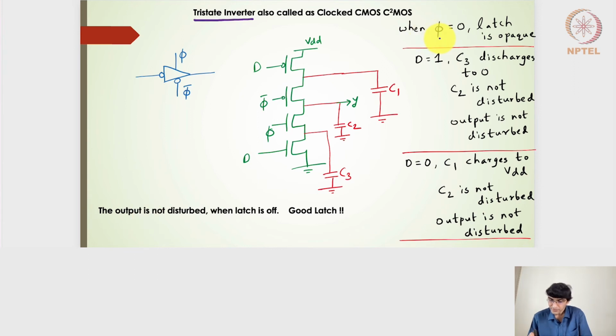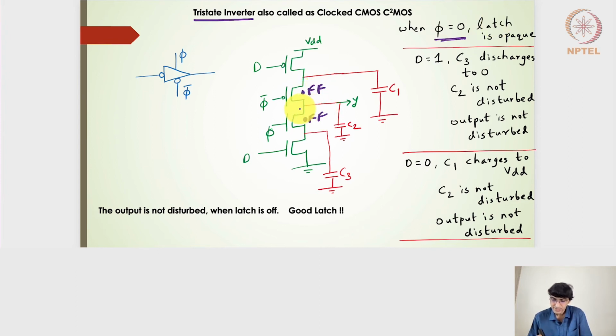Let's say that when phi is equal to 0, that is, the latch is opaque, it's not in transparent mode. So what happens if phi is equal to 0 in this particular case? If phi is equal to 0, this one will be off, and this one will be off.